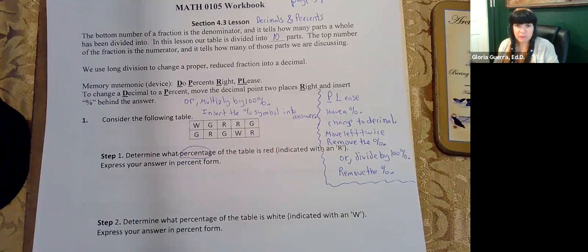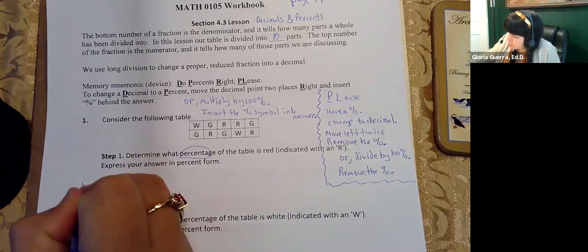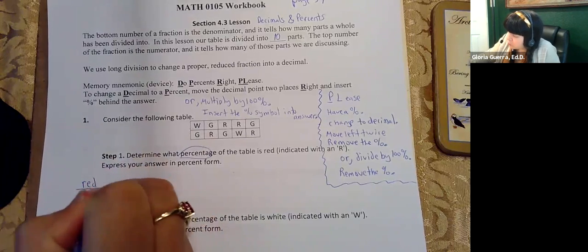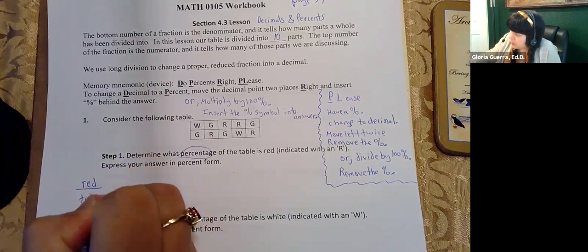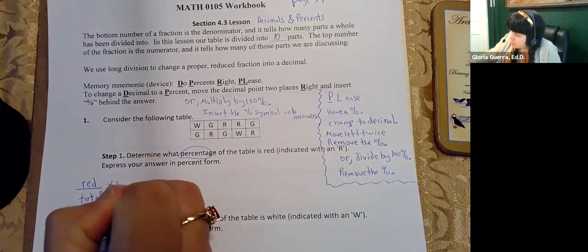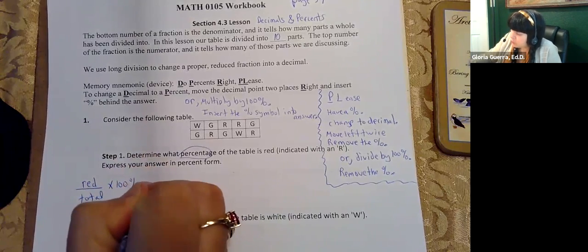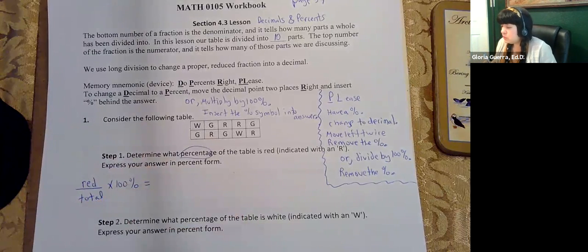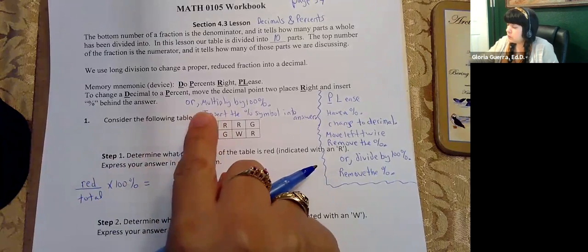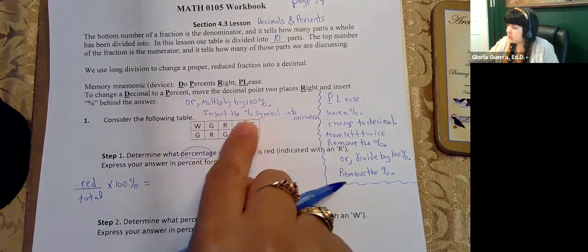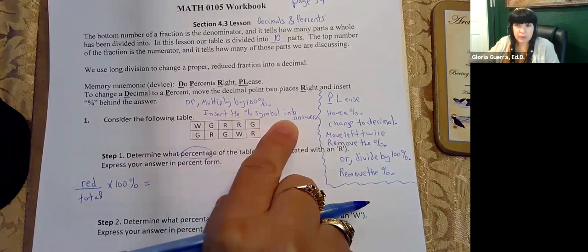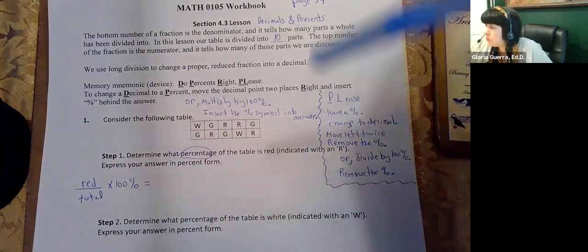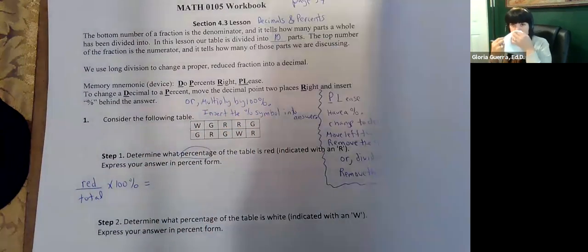You want to start off making a fraction, and it looks like we're interested in red over the total. Then I can multiply this by 100%, because I want to make this into a percentage. It says here, multiply by 100% and then insert the percent symbol in your answer. That's where I'm getting that from. So I could start off working it that way.